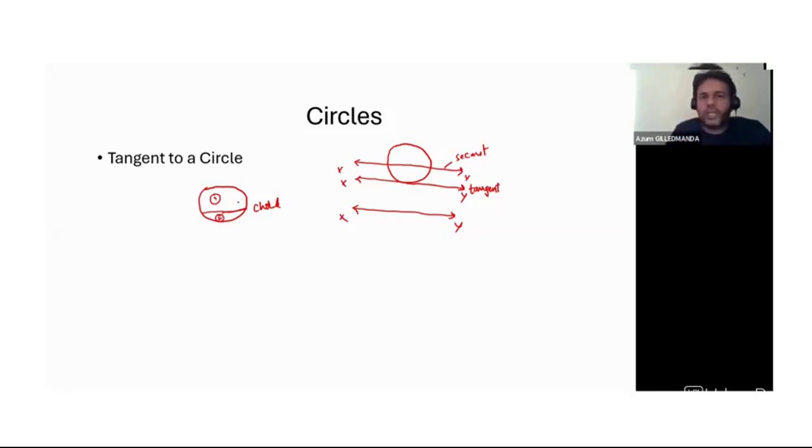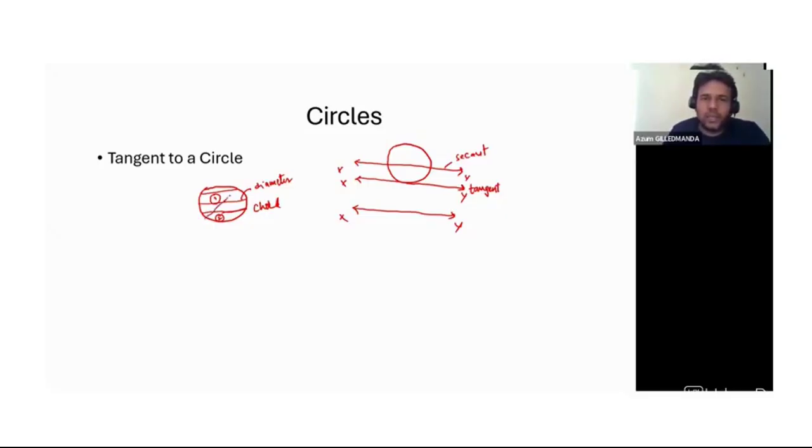Now, what is the biggest chord in the circle? This is also a chord. And if the center is here, a line passing through the center of the circle will be your biggest chord. That is nothing but your diameter. The biggest chord in a circle is the diameter, which passes through the center. It need not be a horizontal line.